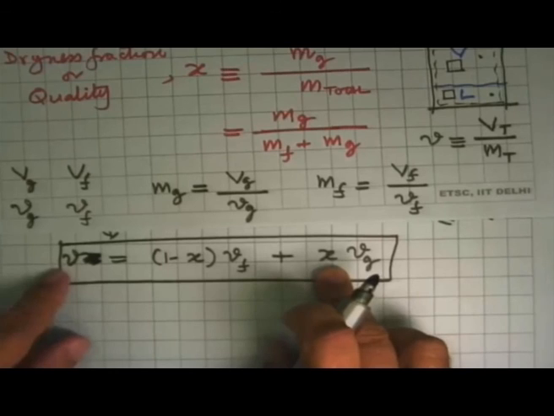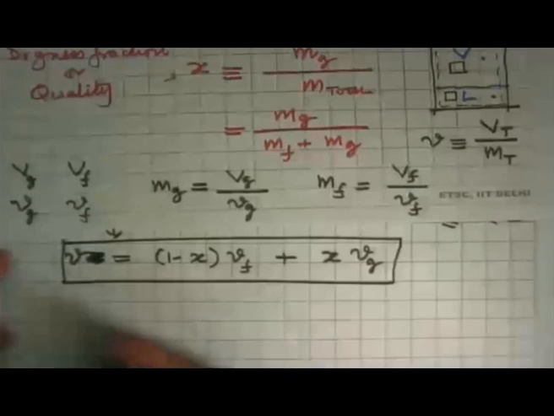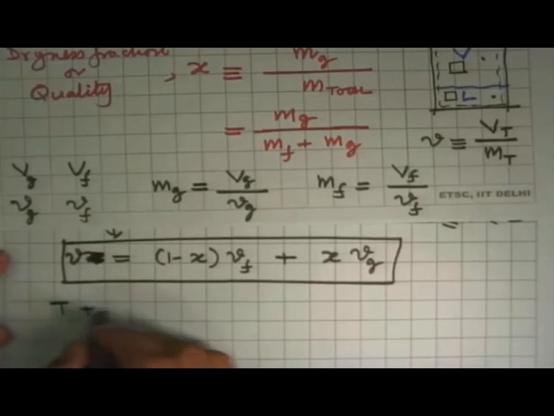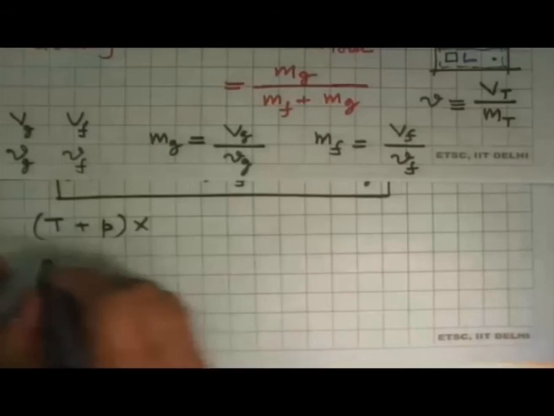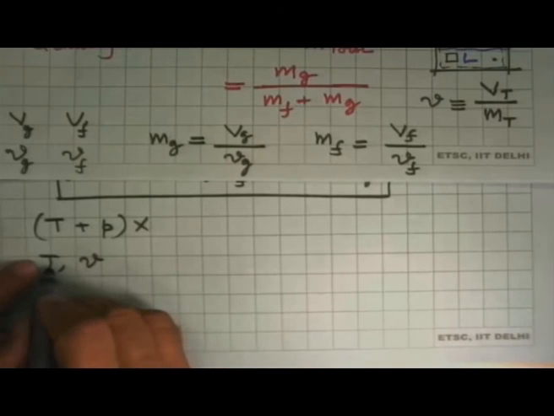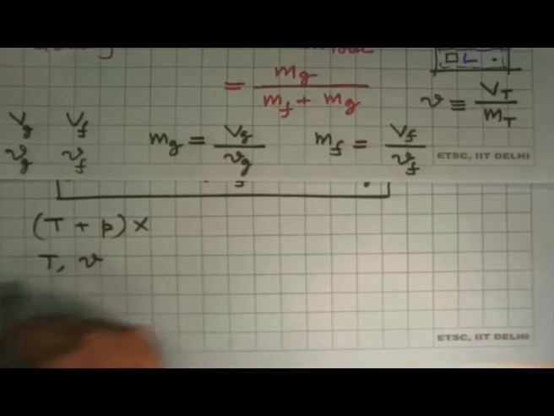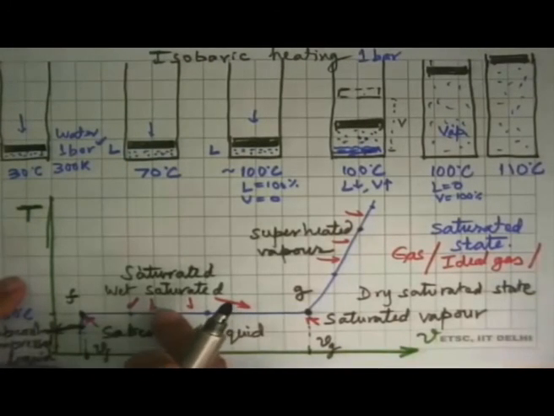We can get it from this. And what it tells us is that for a saturated state, T and P are not independent properties, but T and v is okay, because for a saturated state, no matter where it is, there will always be one unique point on this diagram.